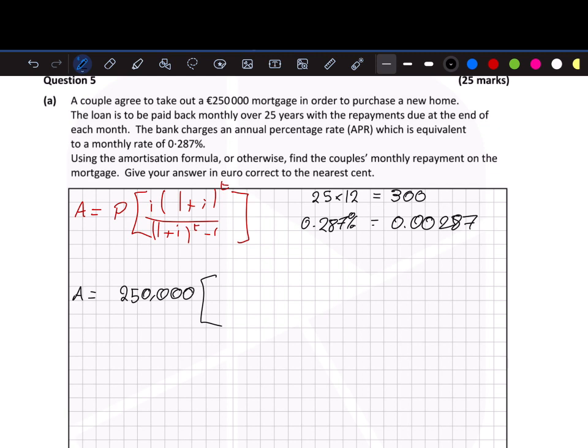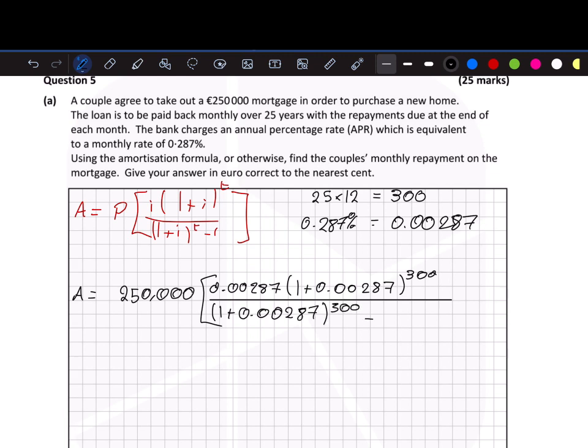Or you can write it as 1.00287, but anyway, so we have 0.00287, and this gets multiplied by 1 plus 0.00287 to the power of 300, and this thing gets divided by 1 plus 0.00287 to the power of 300 minus 1.